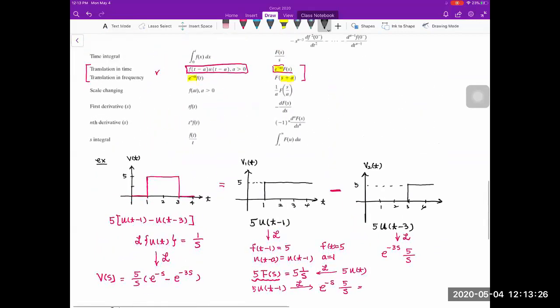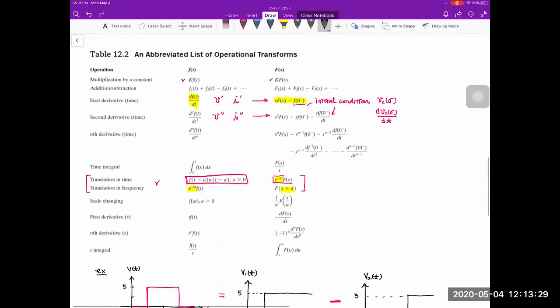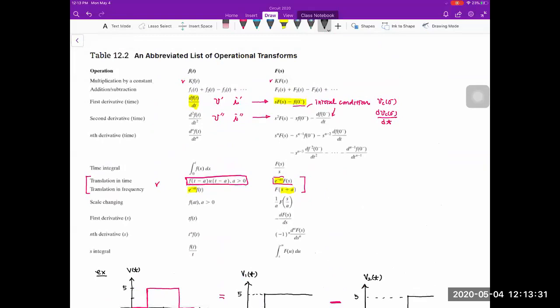Well, you look at the operational table here. The derivative is here. The second derivative is the second one here. Then you can see there's an s squared F(s) minus s f(0). That is the first initial condition, and then the second initial condition.